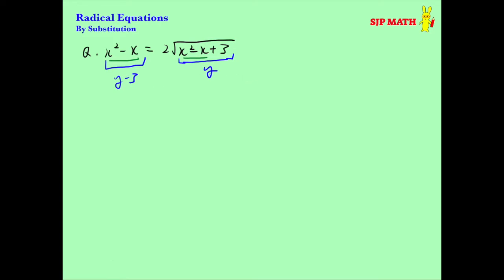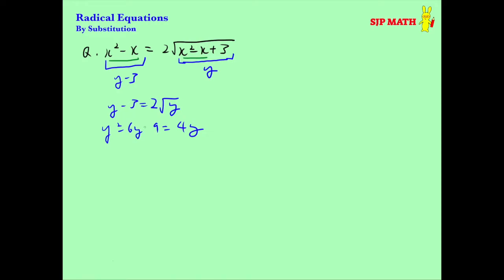So now that we substituted it like this, we get that y minus 3 equals 2 times the square root of y. If we square both sides, we get, oh, that's not x, what was it?